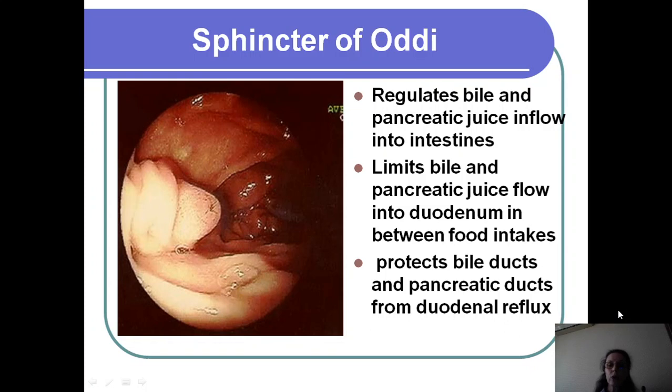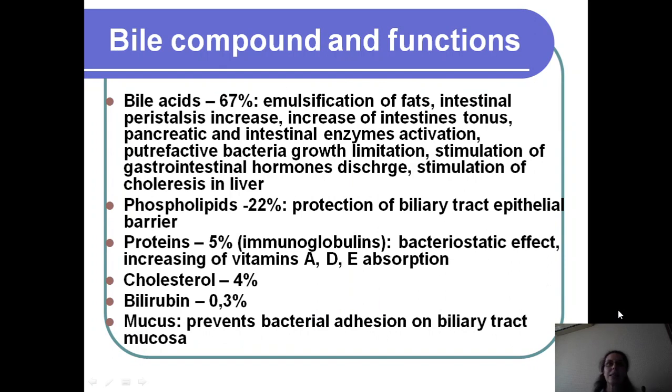So here we are talking about duodenal reflux. That's when the contents of the duodenum come through the flabby, lazy, hypotonic sphincter of Oddi into either the pancreatic duct or the common bile duct. So it's also a pathological event and shouldn't be present in physiological conditions.